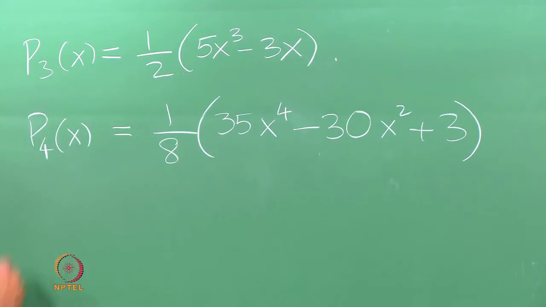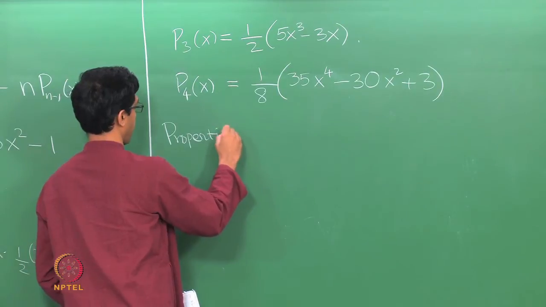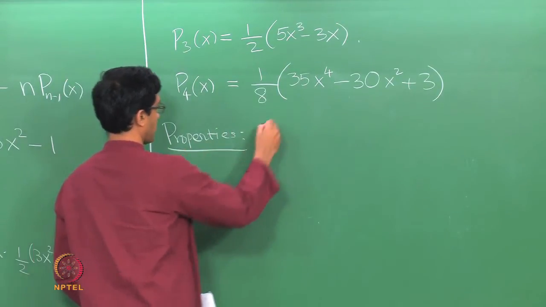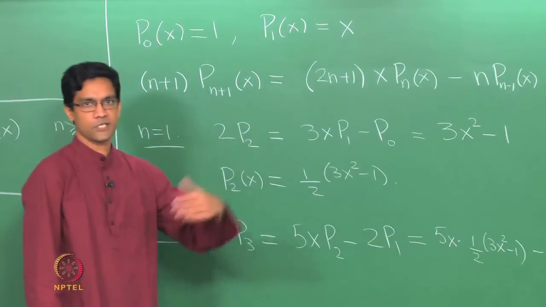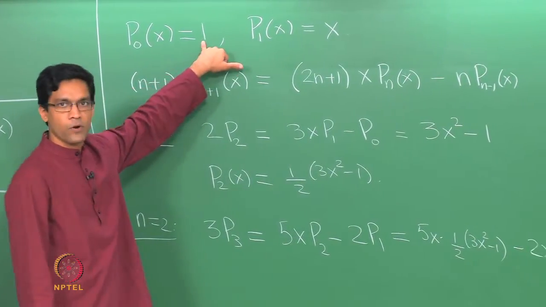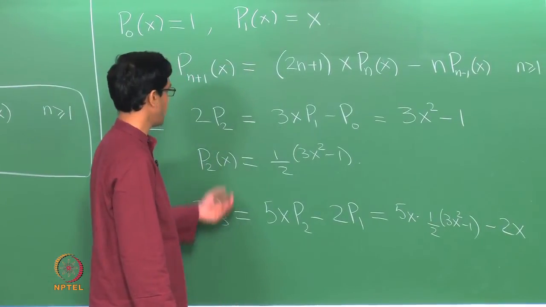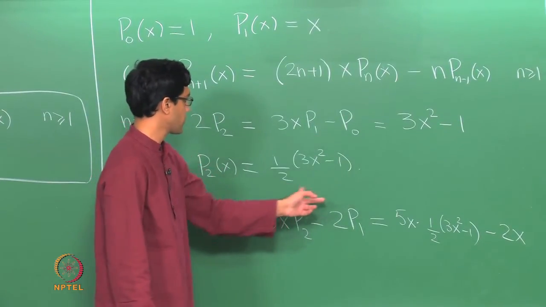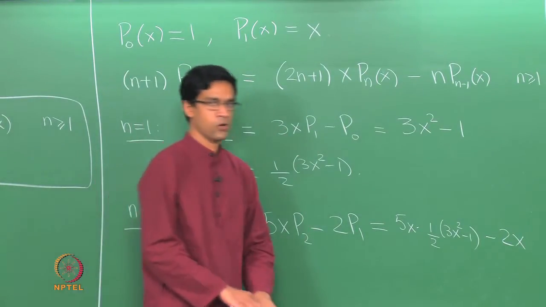Observe one key property of the Pn's which it shares with the Tn's: these are all polynomials of successively higher degrees. P0 is a constant, a degree 0 polynomial. P1 is x, a degree 1 polynomial. P2 is 3x squared minus 1 over 2, a degree 2 polynomial. P3 is degree 3, P4 is degree 4, and so on.